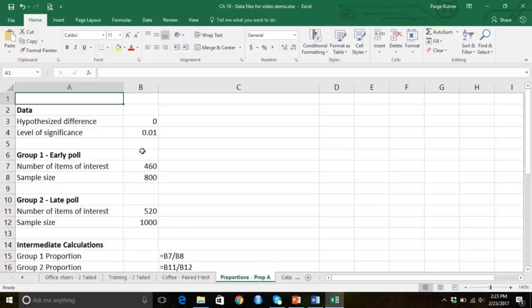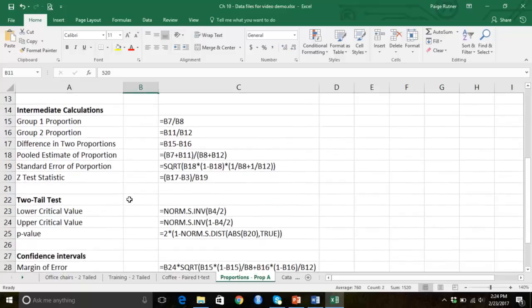So in my spreadsheet, what I've got here is we're hypothesizing a population proportion difference of 0. We're testing at the 0.01 level of significance. And then I have my given data for the early poll and for the late poll. So just collecting that data here.